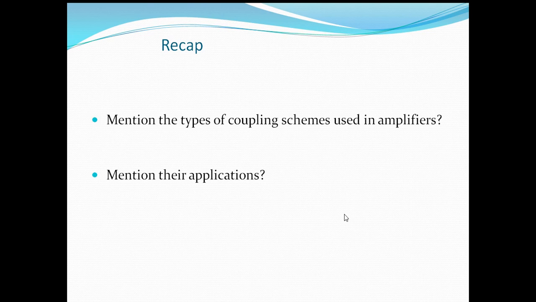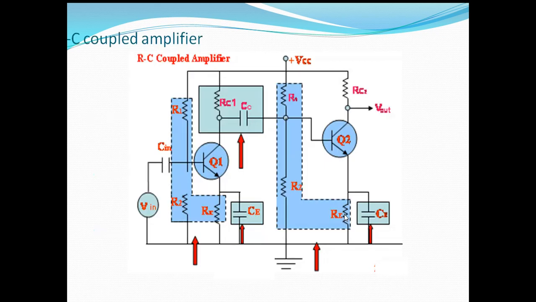In the previous slides, we discussed the different types of coupling schemes, applications, advantages and disadvantages. This is a two-stage RC coupled amplifier. As in the first unit, we discussed the RC coupled amplifier circuit. This is the first stage, and this is the second stage.